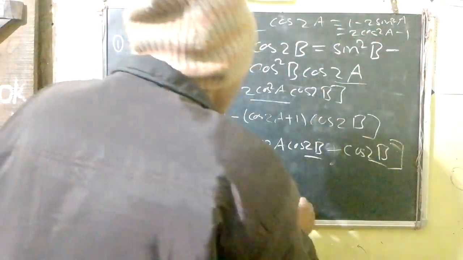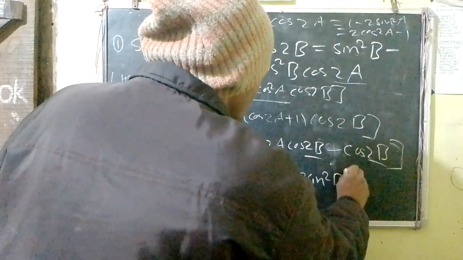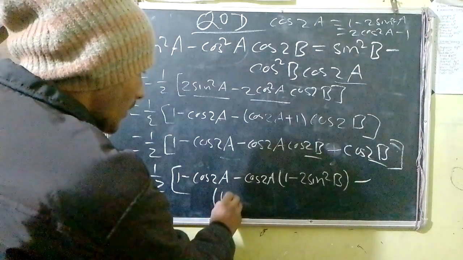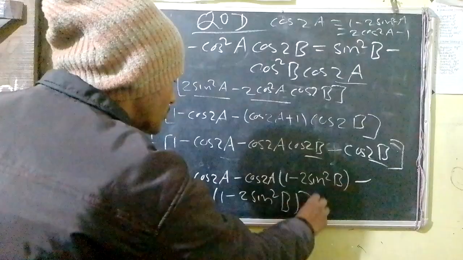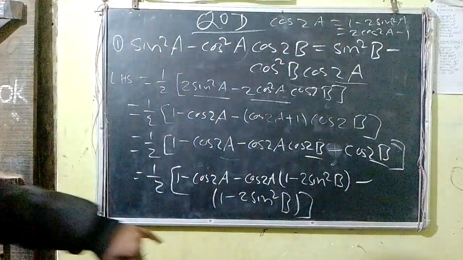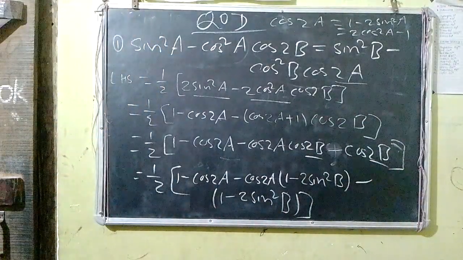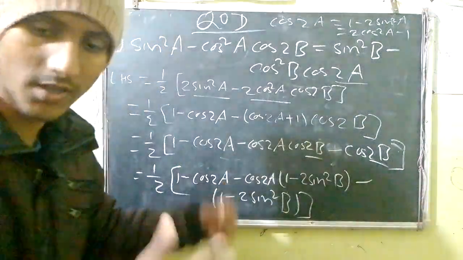Let's use the first one: 1 minus 2 sine square B. Now, yeah, this is what we wanted. We wanted to change 2B into B, and this is what we were able to do now.